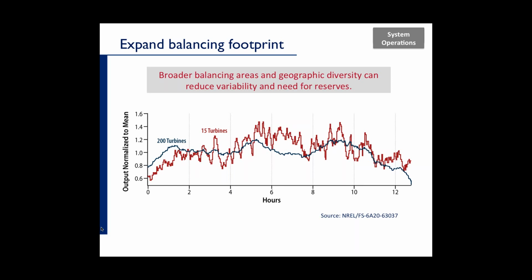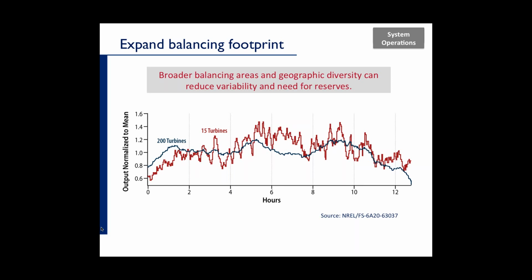So if they can net out their demand changes, everybody can dispatch their units less, which results in cost savings. The other thing that happens, which is what this graph shows, is that the variability of variable renewable energy is reduced over large areas.